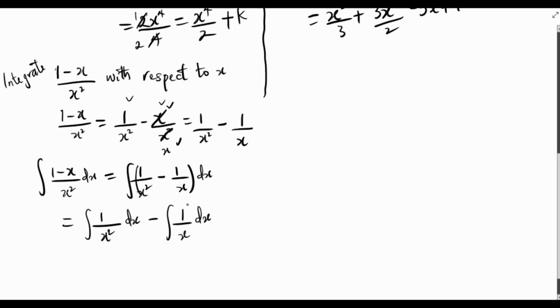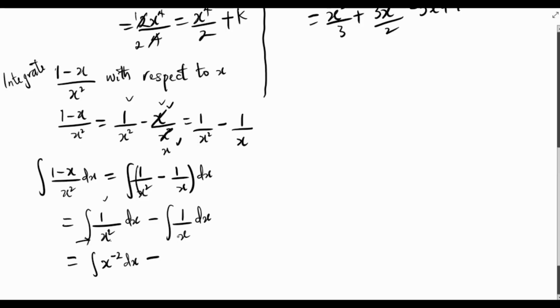Alright, that's integration. You can take them separately. Based on the laws of indices, 1 divided by x squared can be written as x to the power of negative 2 dx. Remember, in indices, when you are dividing 1 by a variable that has a power, you can rewrite it as not a denominator, but you have to make the power negative, right?